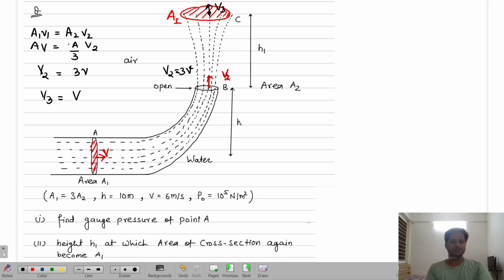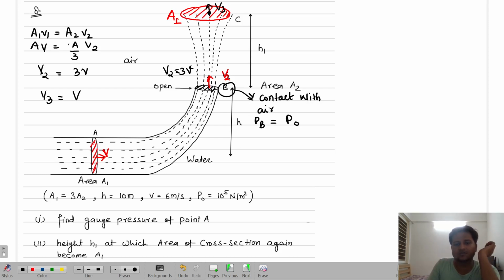So the first question is to find the gauge pressure of point A. Means you have to find how much dip. It is asking about one point itself, and you have to compare with respect to atmospheric pressure. Are you able to get me or not? So how will you consider? No problem. See that at point B, it is in contact with air, so the pressure at B is nothing but atmospheric pressure P naught.